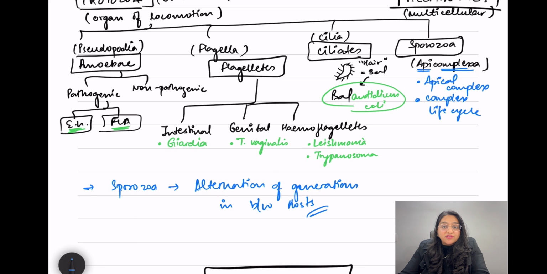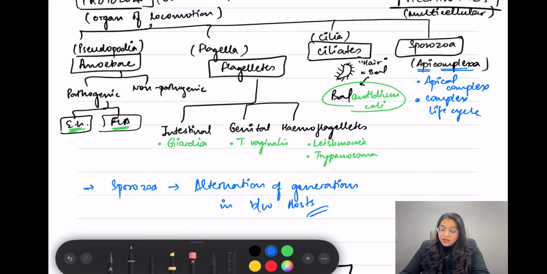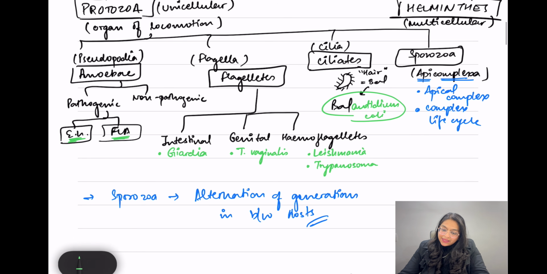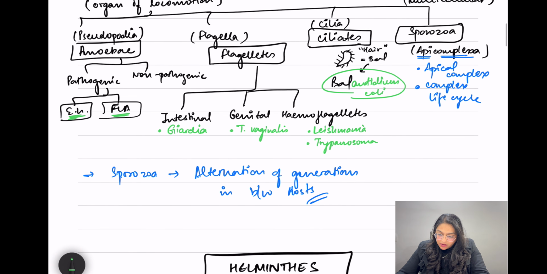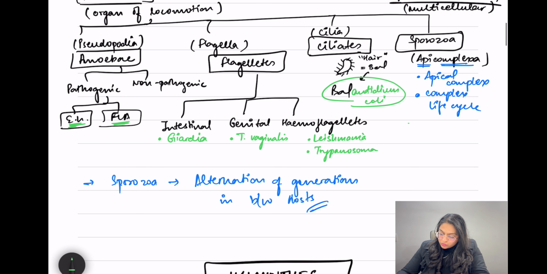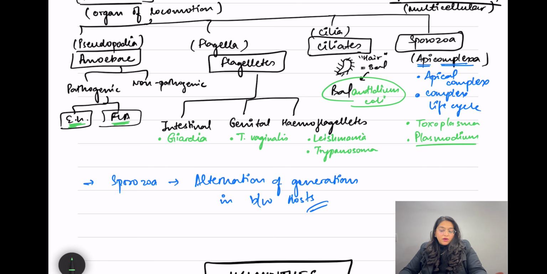All these stages and generations keep changing in between hosts. So they have an apical complex and a complex life cycle. That is the phylum Epicomplexa, which has the sporozoa or coccidia in it. Important examples of sporozoa are Toxoplasma and Plasmodium, the malaria causing organisms. This much you can remember now.